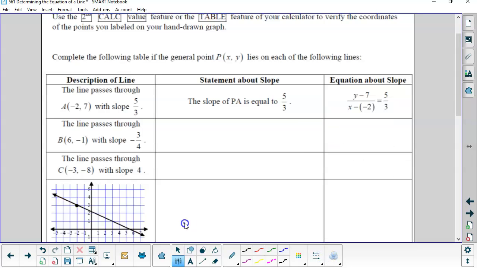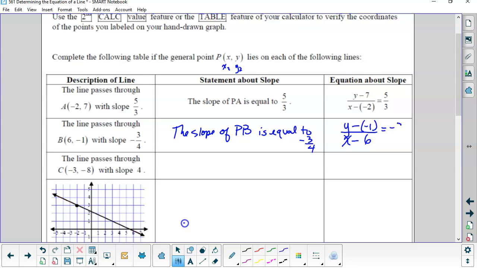So the line passes through B with slope -3 over 4. So the slope of PB is equal to -3 over 4. And then here, in this chart, it's just putting the general point first. So y2 minus y1 over x2 minus x1. So this is your x2, y2.